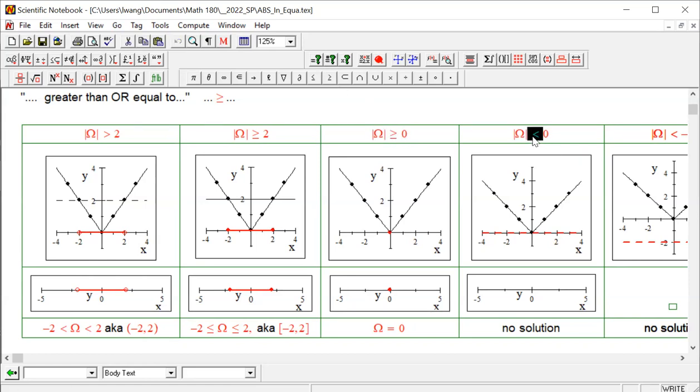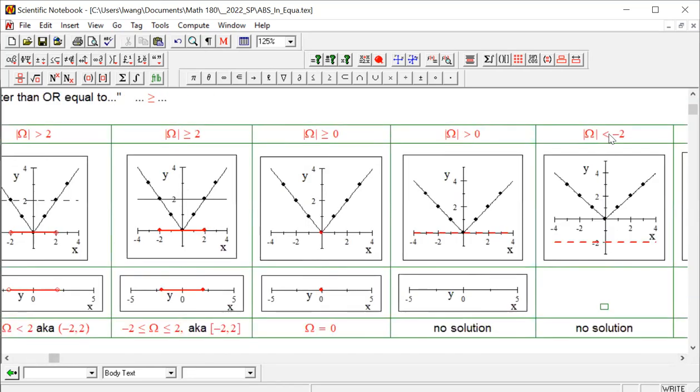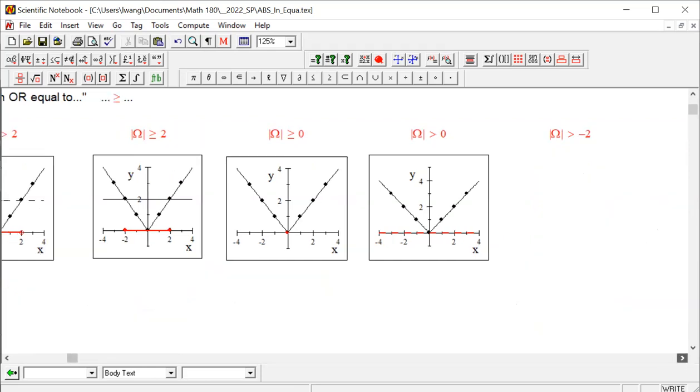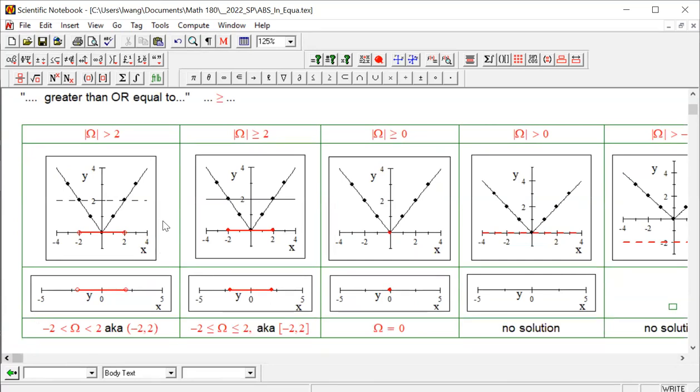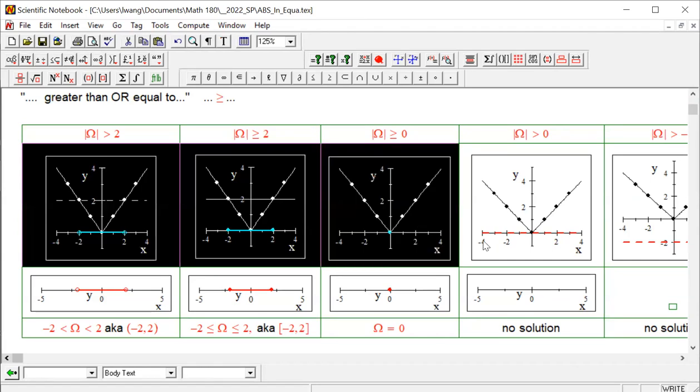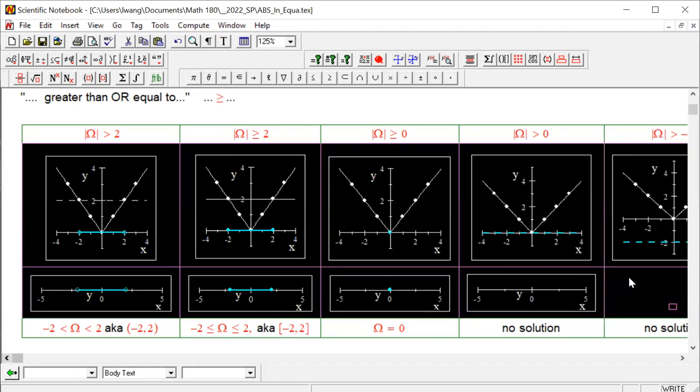This is going to be greater than 0. And this is going to be greater than -2. And the next one probably would be greater than or equal to -2. So we have all of these cases, and the conclusion we're going to draw is going to be completely different. So all of these pictures will have to be redone.